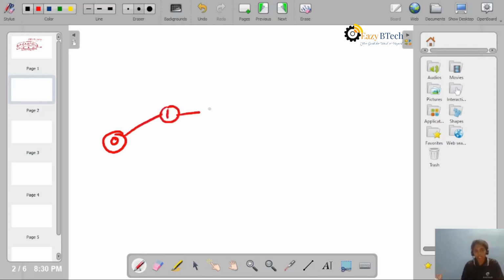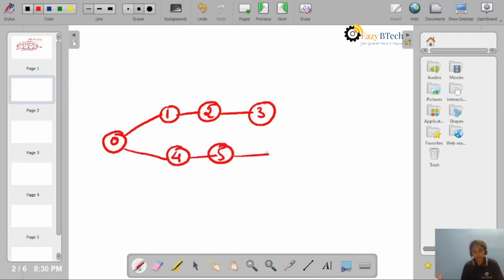Look carefully. 1 2 4, 2 2 5, 3 to 6. These are the connections, right? So we have to write the minimum cost.